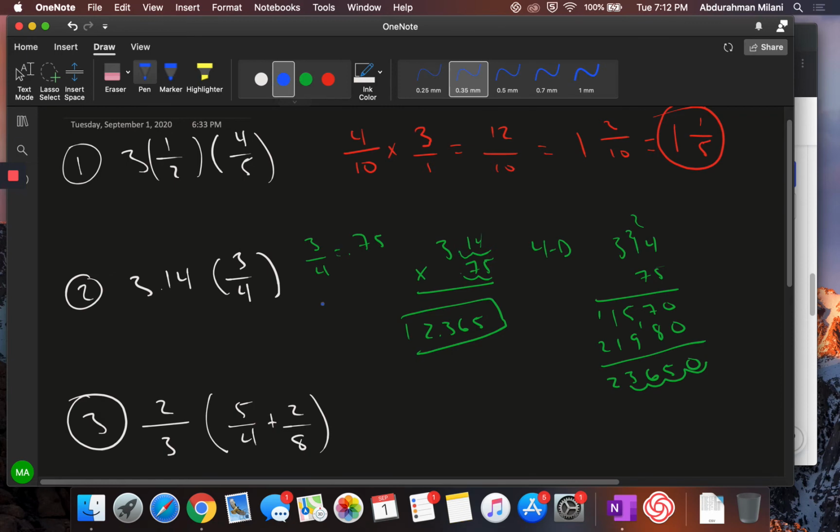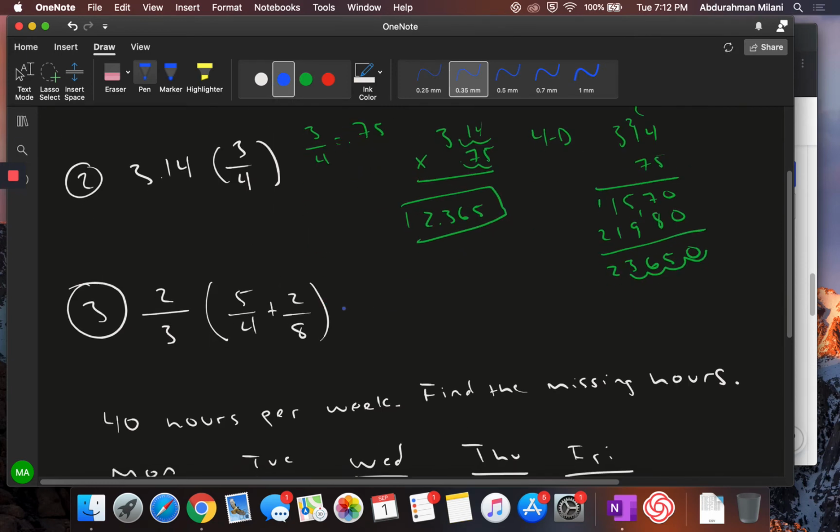Number 3, we're going to do a little more fractions. This one is addition first, and then multiplication. So we're going to want to do what's in the parentheses first, and then multiply that. So what we can do is we can turn this into an 8. So this becomes 8, and that becomes 10 plus 2 over 8.